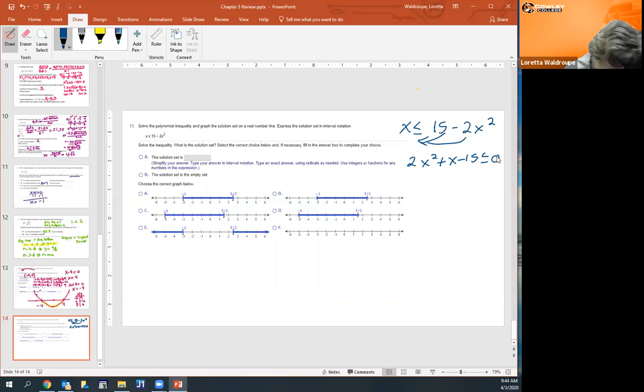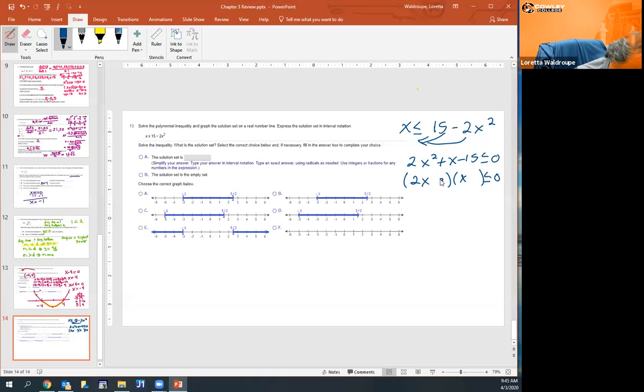So now you got to factor that. You can use whatever method works for you to factor. I'm going to do trial and error. So 2x has to be 2 and 1. To 15, it's either 5 and 3 or 3 and 5.